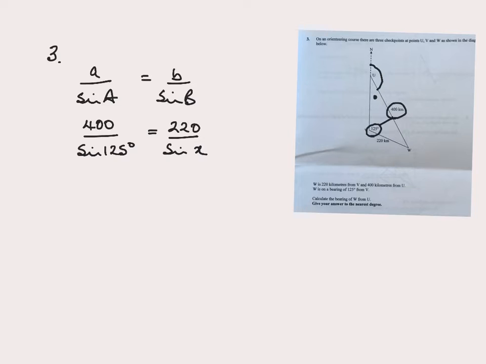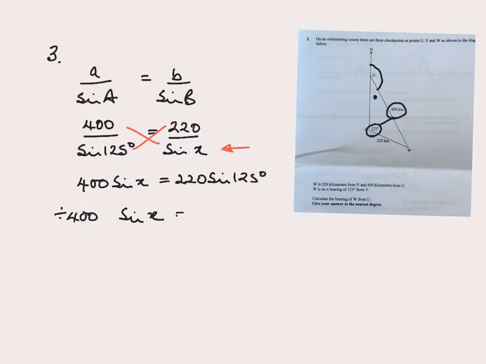What we'll now do is cross multiply because the unknown quantity is on the bottom line. That's an easy way of getting rid of both fractions. So 400 sine X is 220 times the sine of 125, and we'll divide by 400 to get sine X on its own.